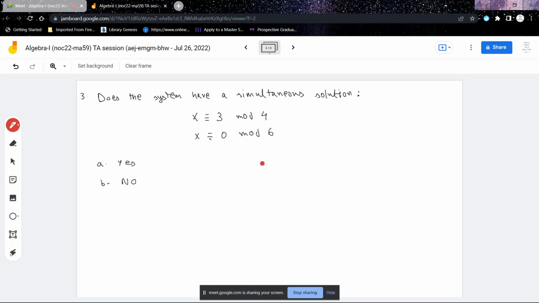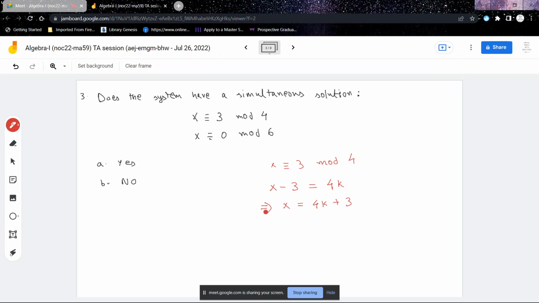Assume indeed that there is a simultaneous solution to this system, and let's denote the solution by x. So you have x congruent to 3 mod 4, which gives you that 4 divides the difference x minus 3, so x minus 3 is of the form 4k, which implies x is 4k plus 3.